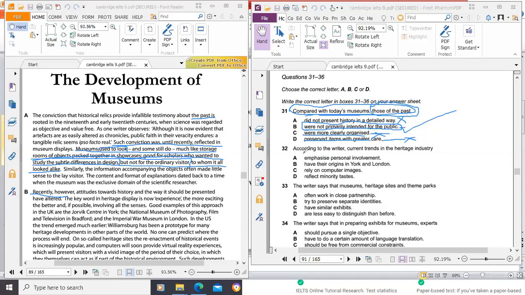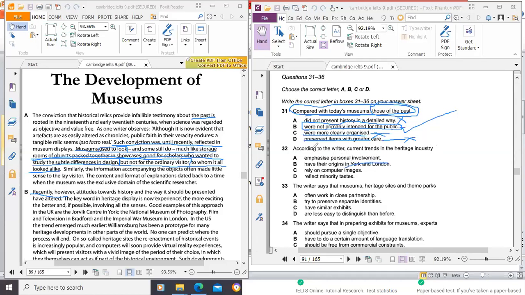Moving on to question 32. According to the writer, current trends in the heritage industry. So recently, that's a current trend. Does it emphasize personal involvement, have their origin in York and London, rely on computer images, reflect minority taste? You are looking for something close in meaning to what they have written here and not those words themselves.